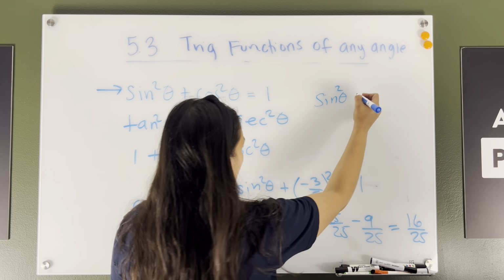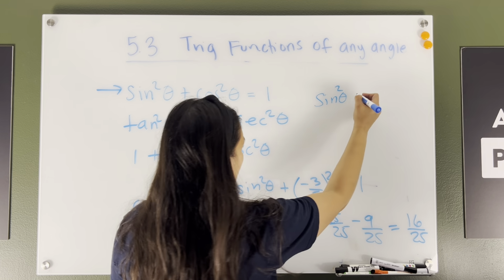Remember that since both of these numbers are in the square root, you can solve them individually. What's the square root of 16? 4. And on the denominator, what's the square root of 25? 5. So we get that the sine of theta is 4/5. Well, technically, because of the square root, it's plus or minus.